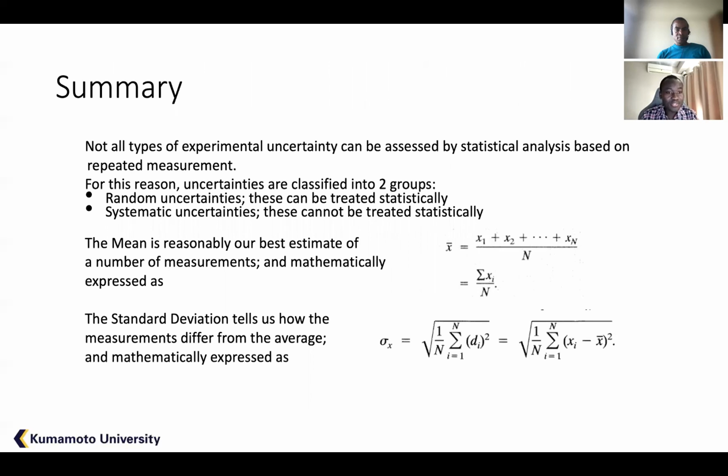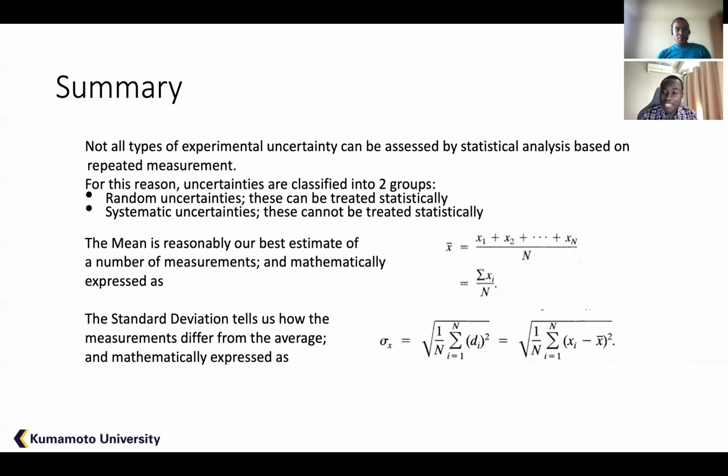In summary, not all experimental uncertainty can be assessed by statistical analysis based on repeated measurements. For this reason, uncertainties are classified into two groups: the random uncertainties that can be treated statistically, and the systematic uncertainties which cannot be treated statistically.